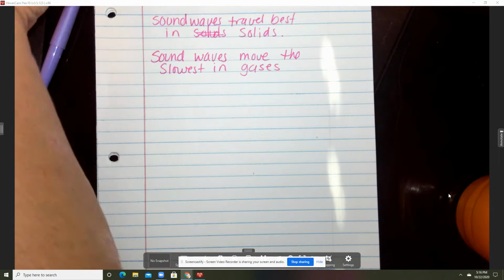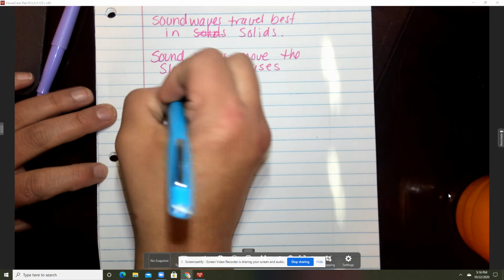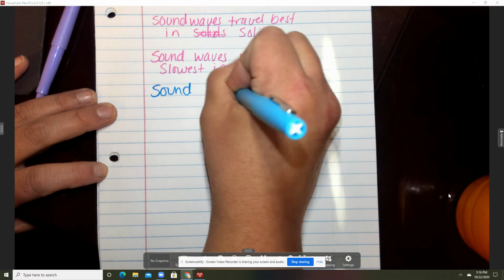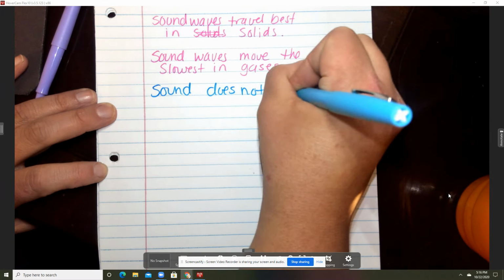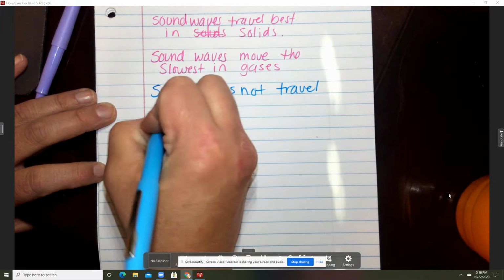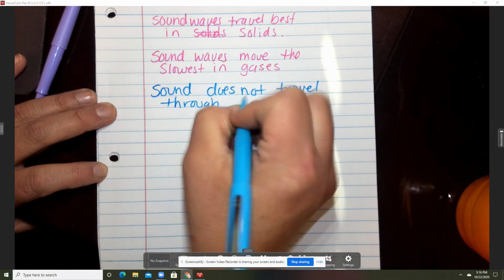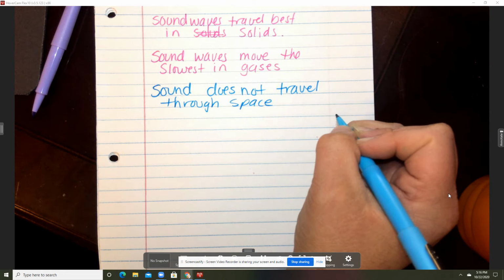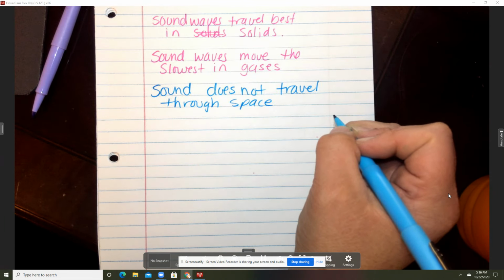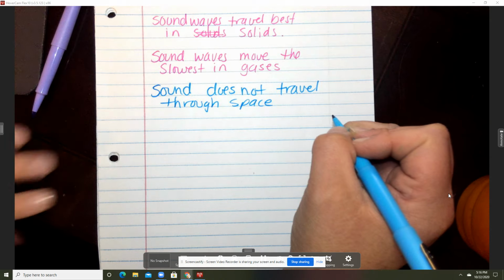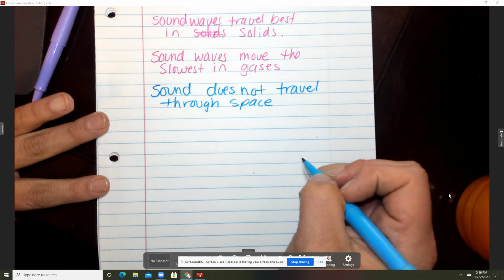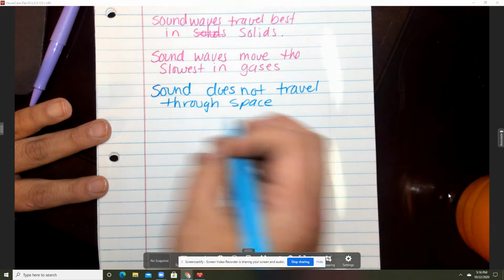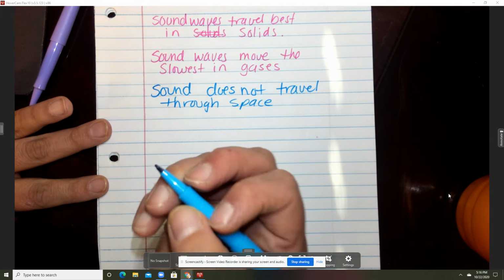Oh, this is important. Sound does not travel through space. Sound does not travel through space because there's no matter in space.